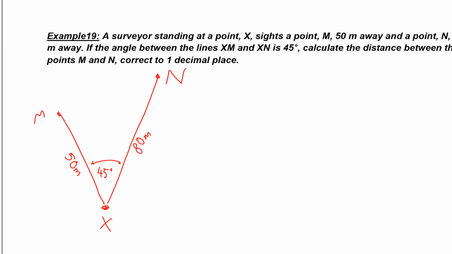And I want to know how far this side here is. I'm just going to put a little x in there, one that suits the capital X here. I like using an extra unknown.